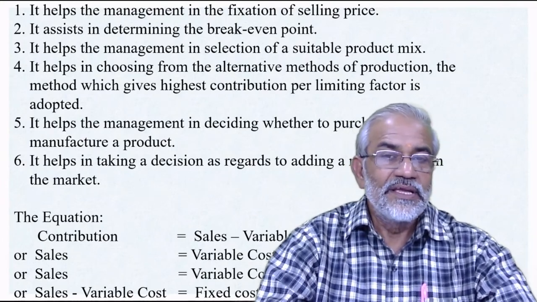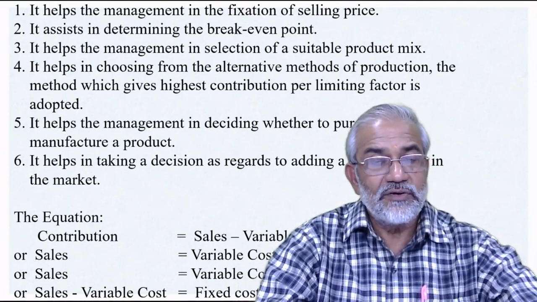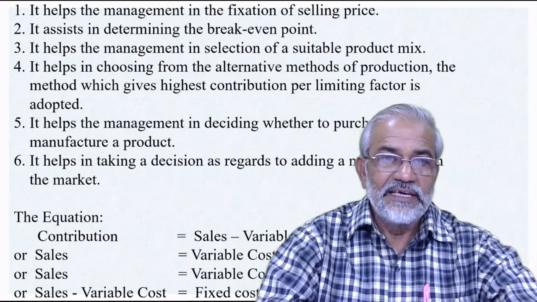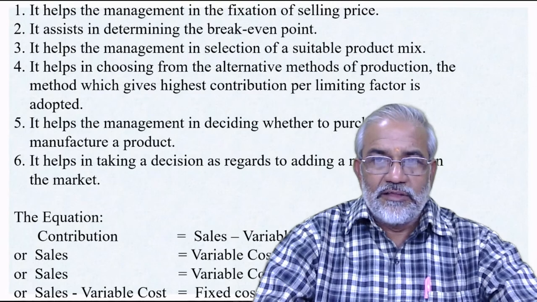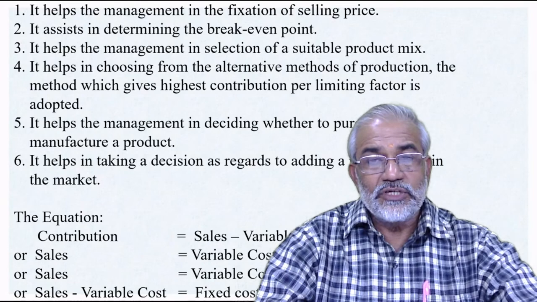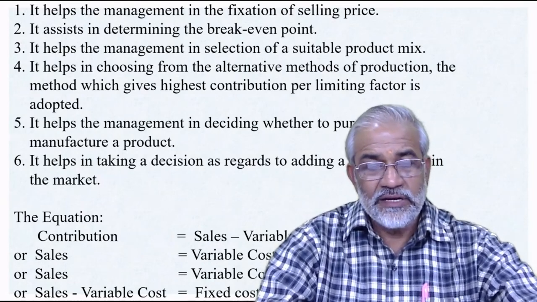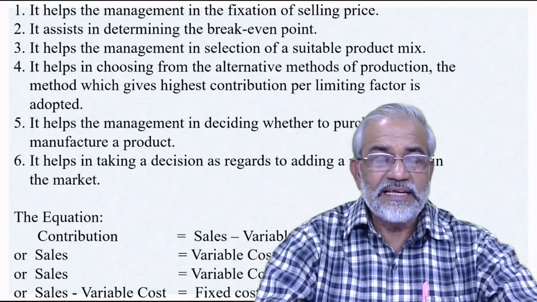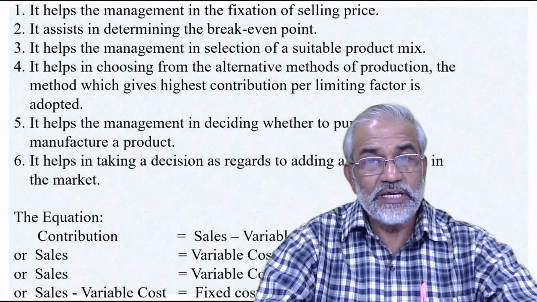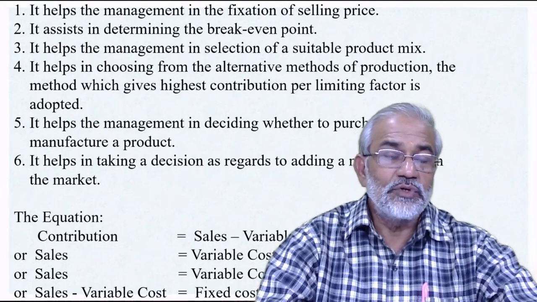So when we are in a position of calculating the contribution, which is the resultant of marginal costing, where the variable cost is given due emphasis, then for the alternative methods of production, suppose in one method our cost is going up, and in the other method we are reducing the cost of production, in that case we would be in a position to take a firm decision as to which alternative method of production should be adopted and which one should be avoided.